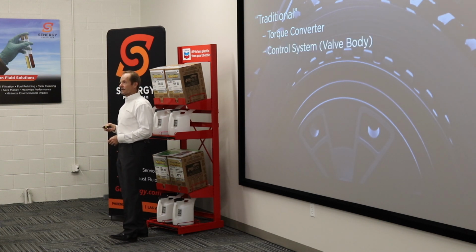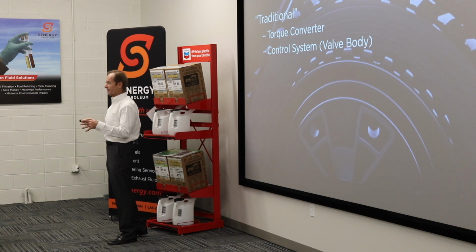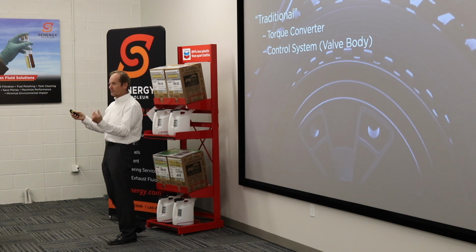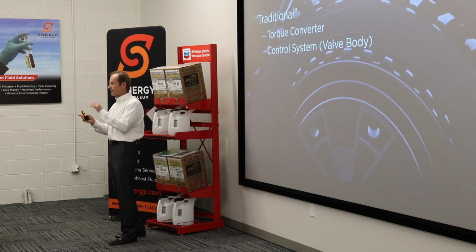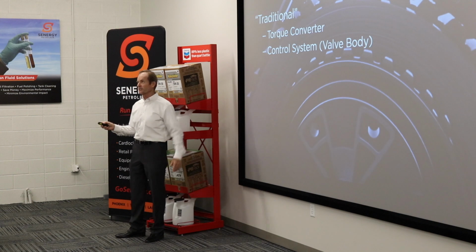It's got a control system, a valve body. It's literally a little hydraulic system underneath there that's opening and closing some valves and causing actuators to move, that allows plates to shift and bands to lock up and gears to shift. So that's the control valve system.